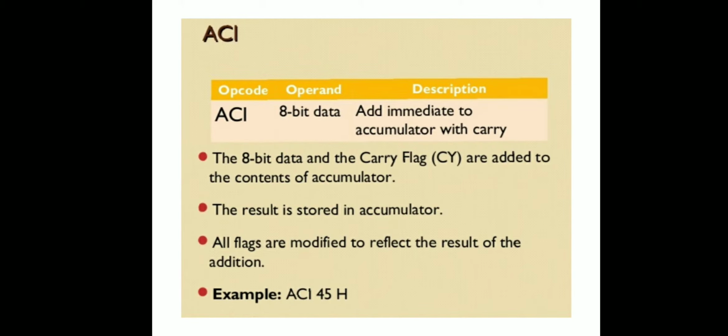ACI. This instruction is used to add immediate to the accumulator with carry, that is, the content of the carry flag and the 8-bit data are added to the content of the accumulator. Again, the result is stored in the accumulator, and the flags are set according to the result of addition.